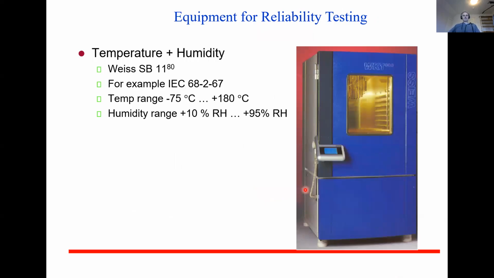Here is just showing which kind of chambers one typically has. So again, this is not an advertisement of any company. This is just our previous hot and humid chamber, coming from Weiss, the German manufacturer. These have been really good and robust chambers.